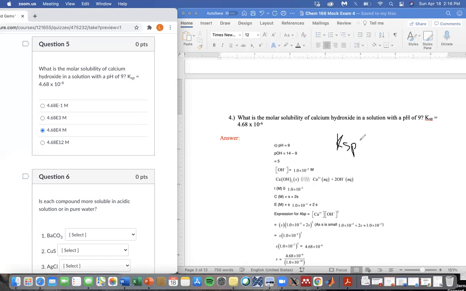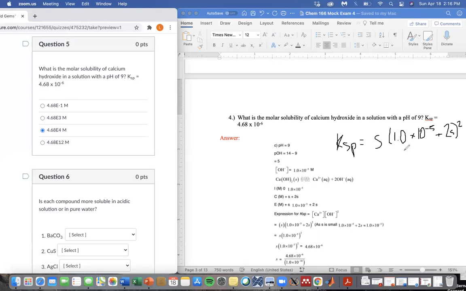So the idea is, if you couldn't use your small x approximation, you'd have to do s and then it'd be 1 times 10 to the negative fifth, plus 2s. So that would be where you had to multiply by 2 and then square it as well.